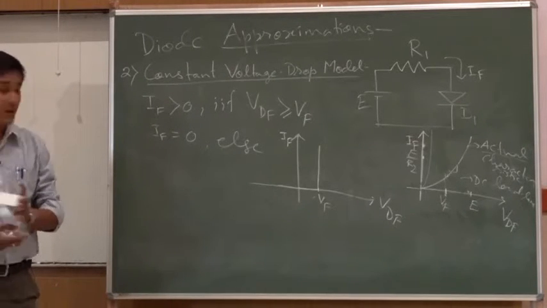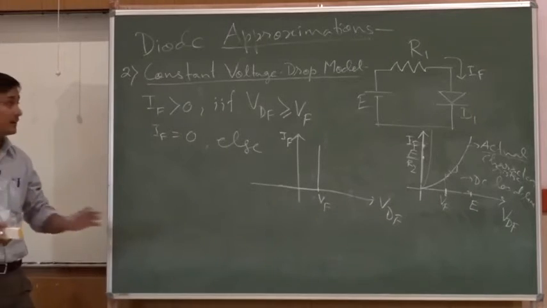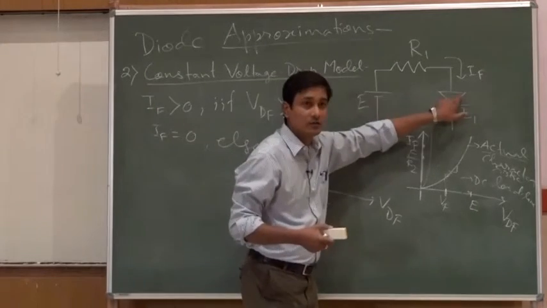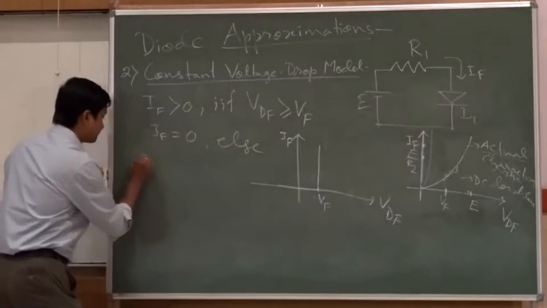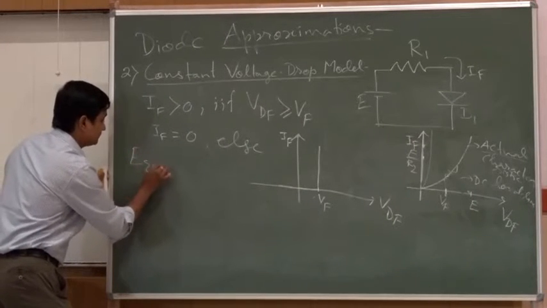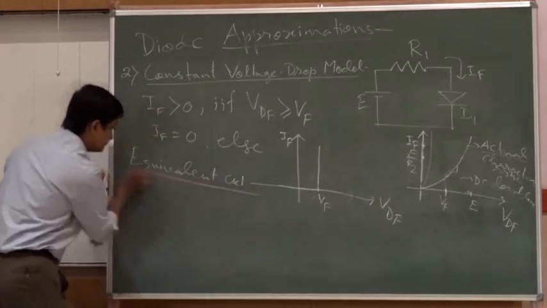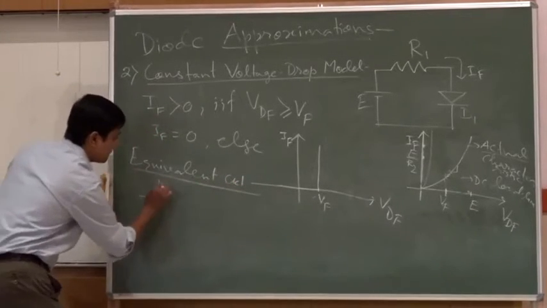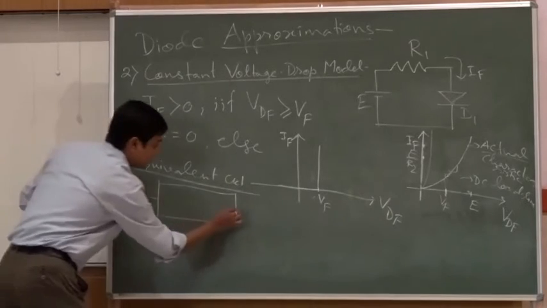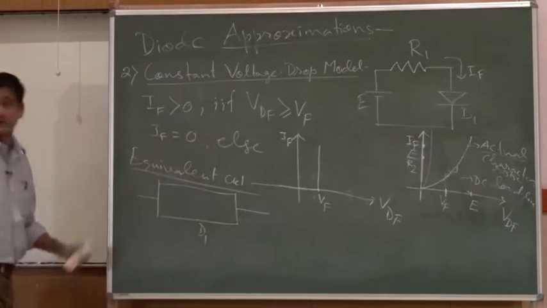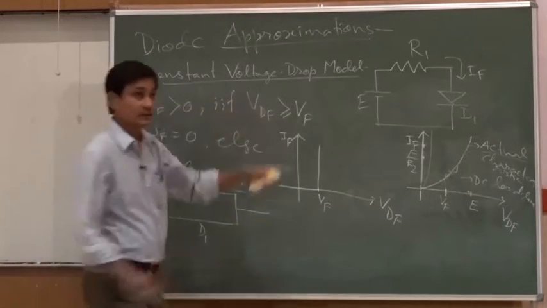Okay. So, now if we want to represent the electrical equivalent circuit of this diode, this is the diode D1 we found there.